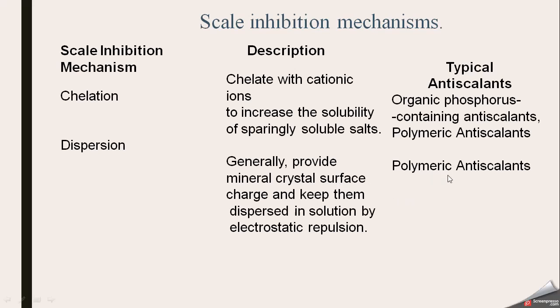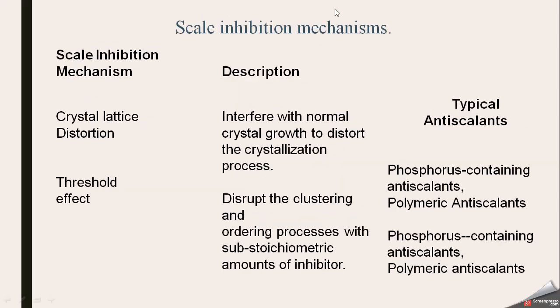Normally polymeric antiscalants are famous for this type. Now the third mechanism is crystal lattice distortion: interfering with normal crystal growth to distort the crystallization process. When crystallization is in progress on the membrane, these antiscalants fit into the sites of the crystal, the crystal structure is distorted, and crystal growth is not possible.